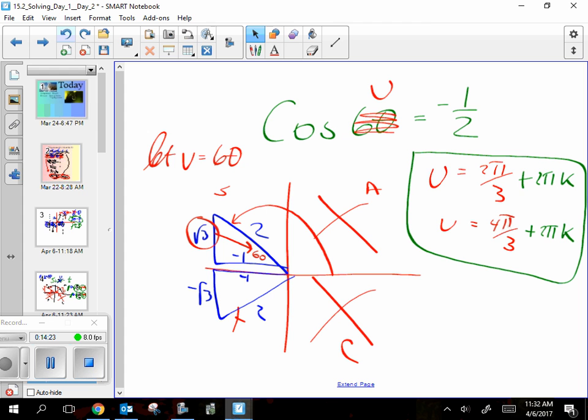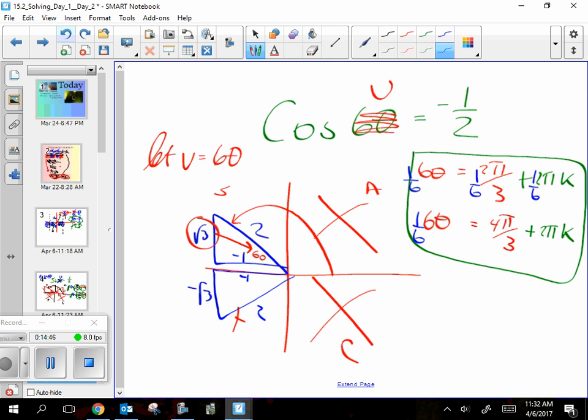So we're going to replace the U with 6 theta. And then, how do I finish it? You divide, or multiply, divide by 6. Multiply by 6. Give me your final answer.